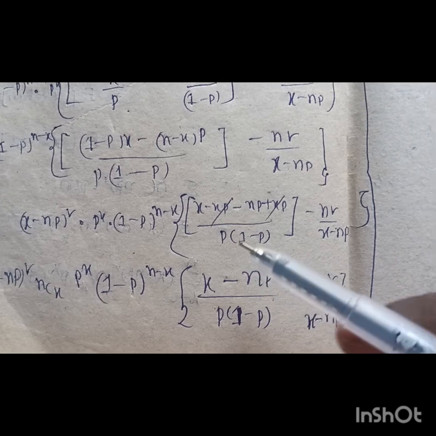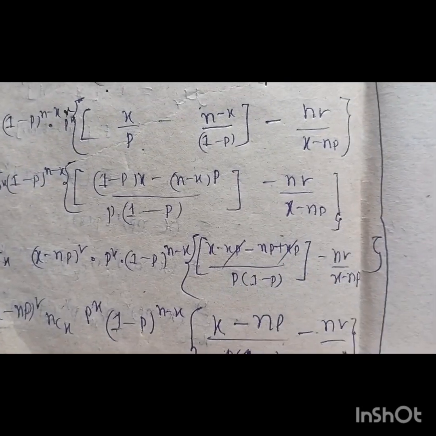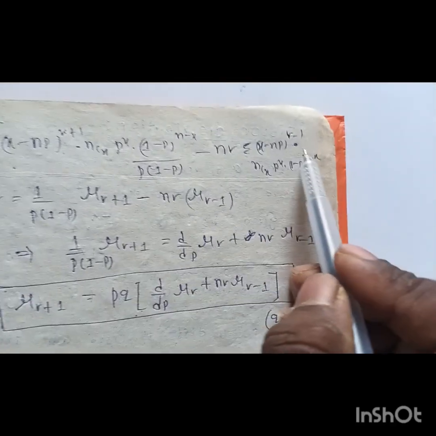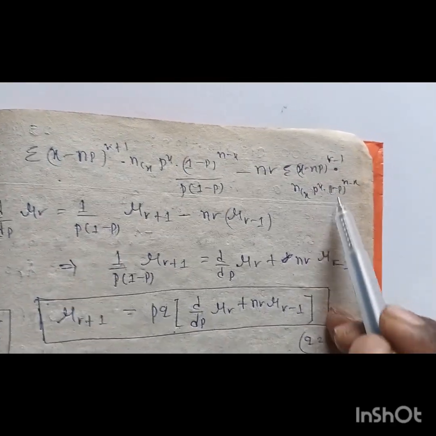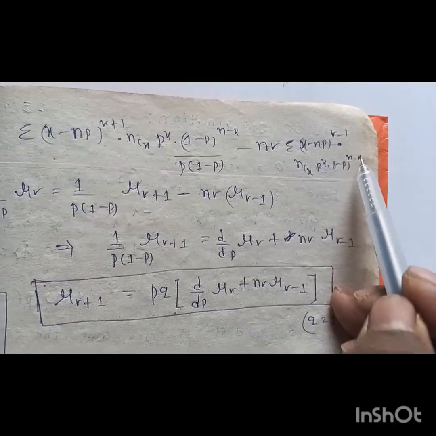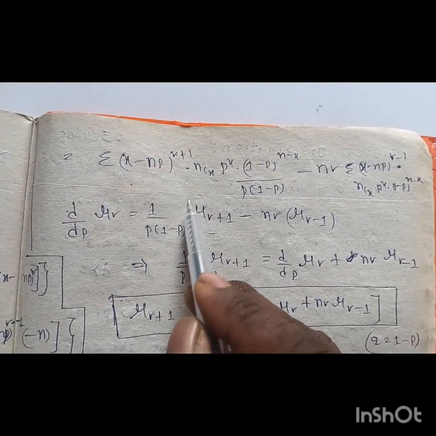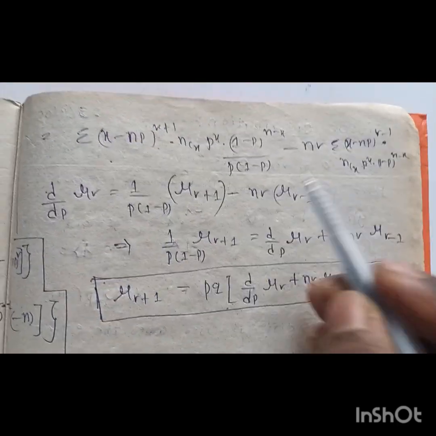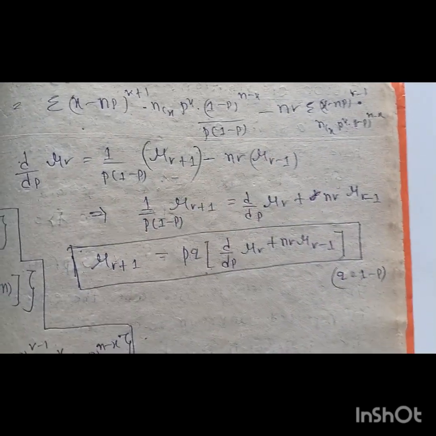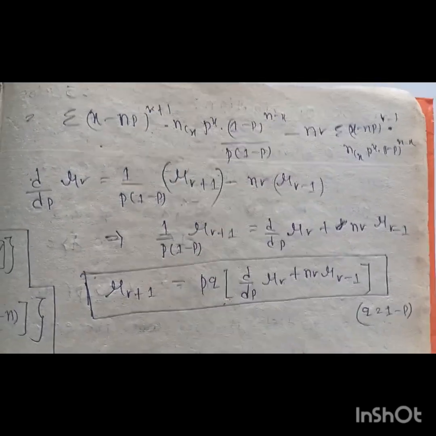So this will become x minus np whole to the power of r minus 1, and nCx p to the power of x 1 minus p whole to the power of n minus x. So this is the value of mu r plus 1, and this is the value of mu r minus 1, which is our first formula.